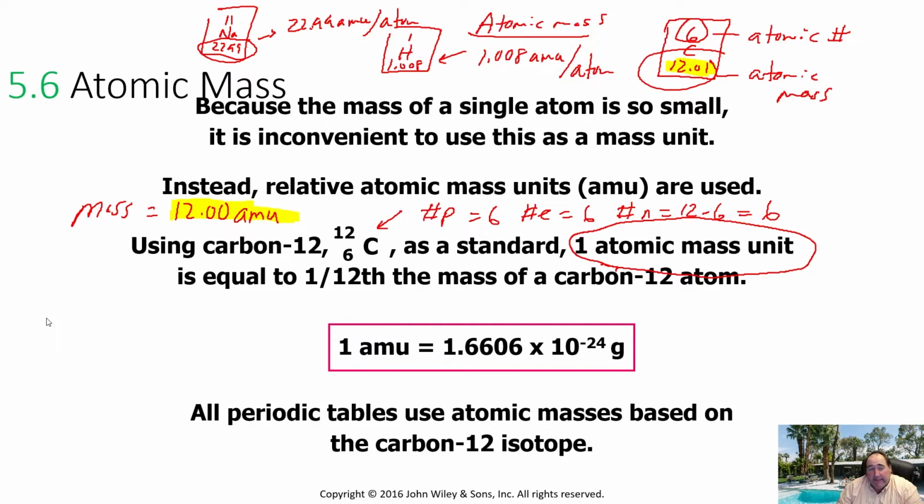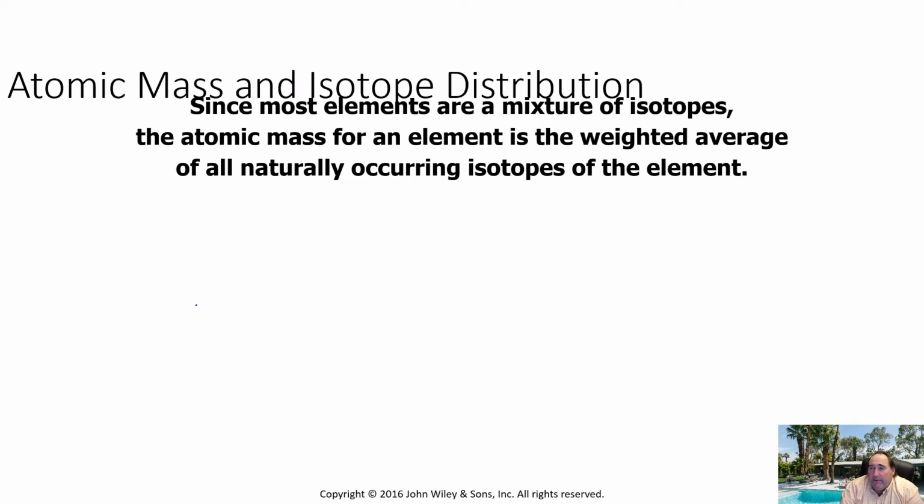I see 12.01. And that is because what we actually see on the periodic table is the average values of all the naturally occurring isotopes for those particular elements.